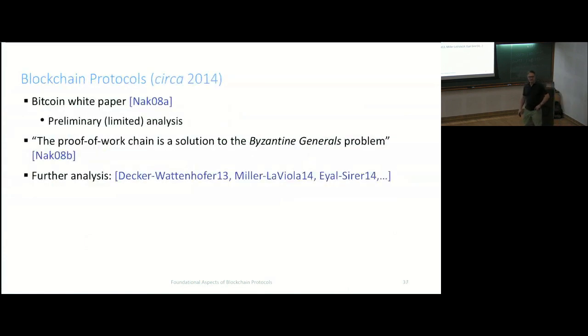So let us see where we were when we started looking at this formalization. There was the Nakamoto paper, and some other write-up that said you can use the proof of work chain as a solution to the Byzantine generals problem, which is the consensus problem. I will talk about that in the second part. And there was more analysis by these guys, and we'll mention the Yale-Cyril paper later.